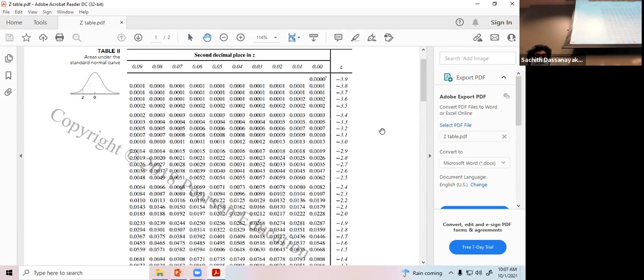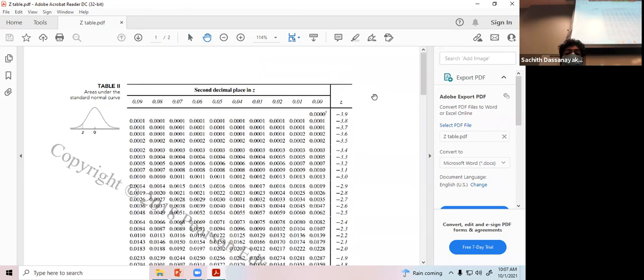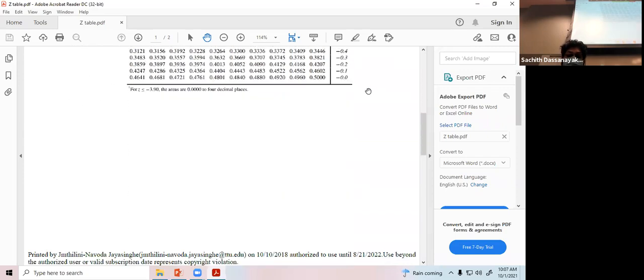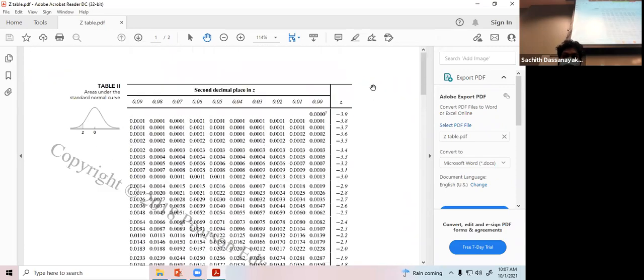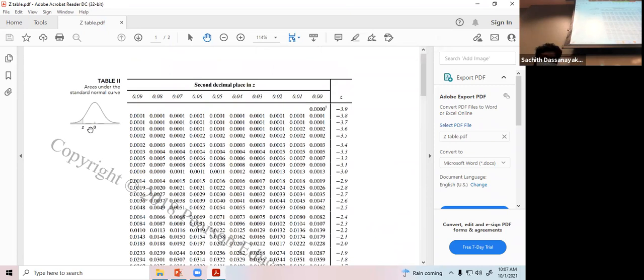There are two tables. We call this the Z score table. First table, check this one. Sorry, I cannot write on the PDF.